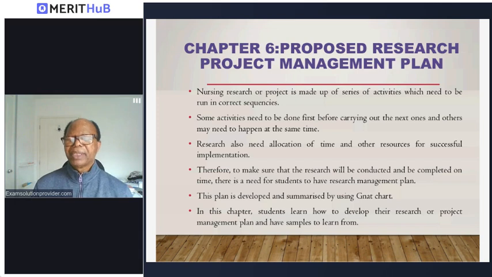Some activities need to be done first before carrying out the next ones, and others may need to happen at the same time. If they are happening at the same time, they also need to be completed at the same time. If they are not, the first activity needs to be completed before you go to the next one.